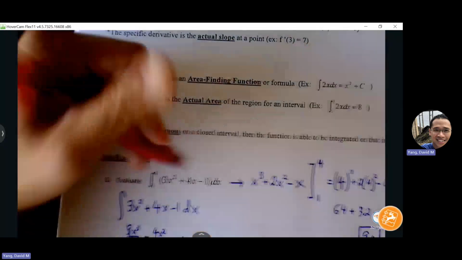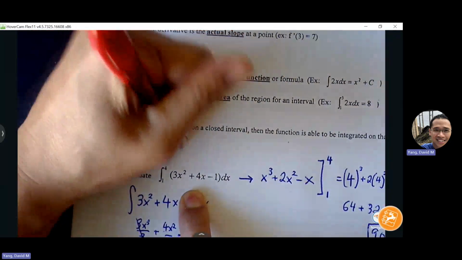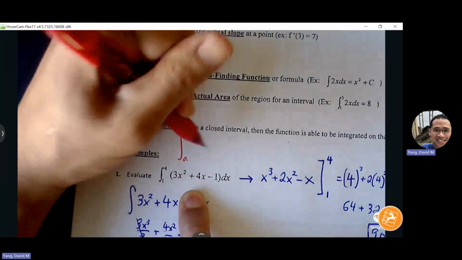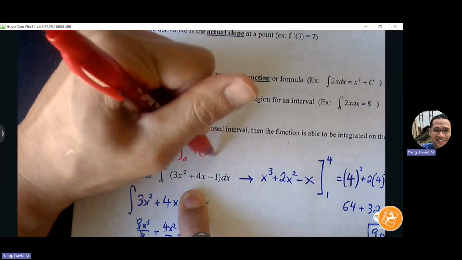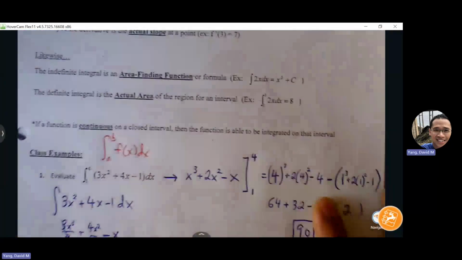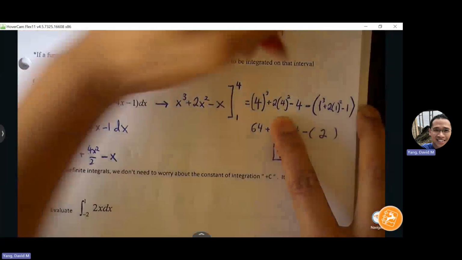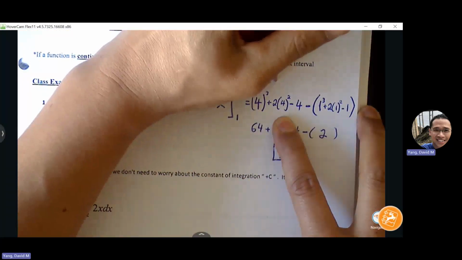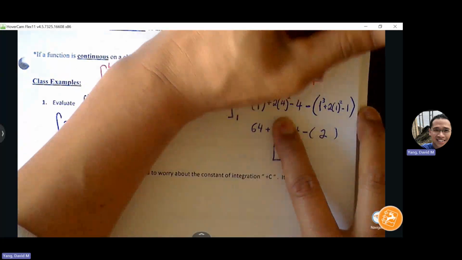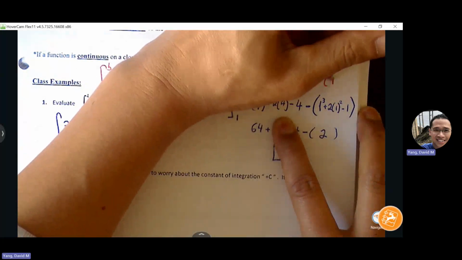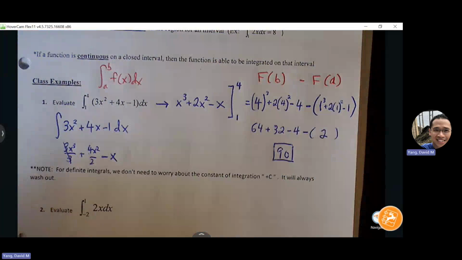So if this represents the integral from a to b of lowercase f of x dx, then this process here is my uppercase F of b minus uppercase F of a. Okay, does that make sense?